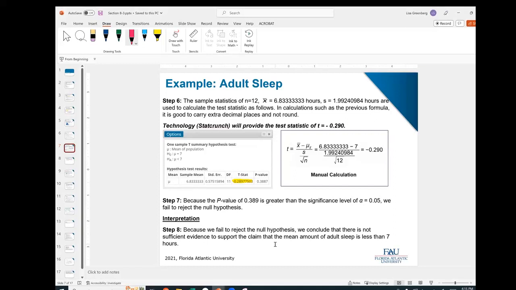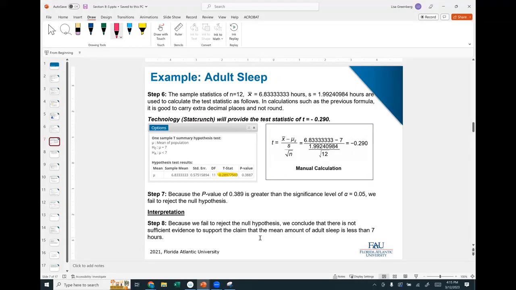So we're never actually proving the null hypothesis. We either can reject it and say, well, then it must be the alternative, or we can fail to reject it, which means we actually don't have enough information. That's really our only two choices.